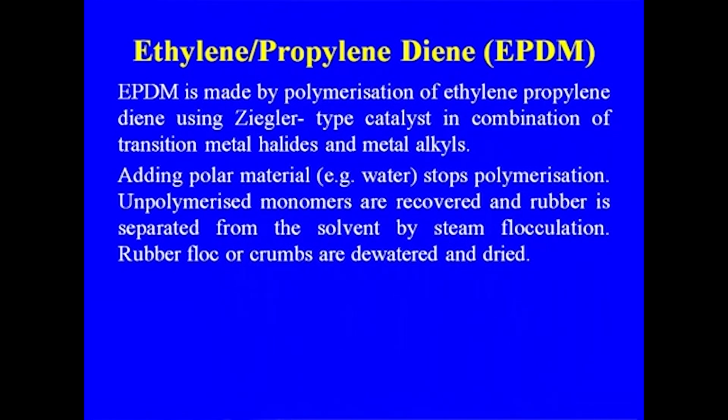Adding polar material, means water, stops the polymerization, unpolymerized monomers are recovered and rubber is separated from the solvent by steam. Rubber flocks are, because of the flocculation that we are carrying out, the rubber flocks or crumb are dewatered and dried. So, this is about the ethylene propylene diene, EPDM.